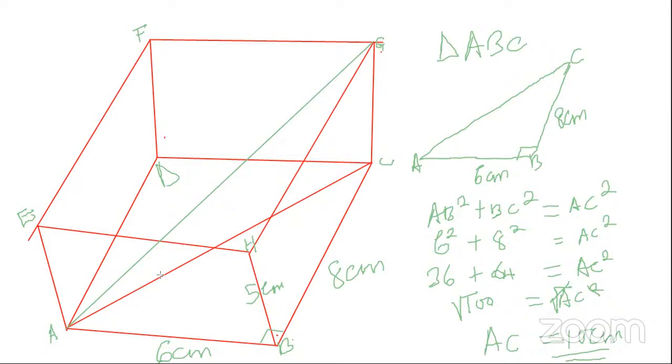So I've drawn on our box, our 3D figure, I've drawn a line from A up to G. So how are we going to find AG? Line length of AG? I think it's going to reflect on AF.